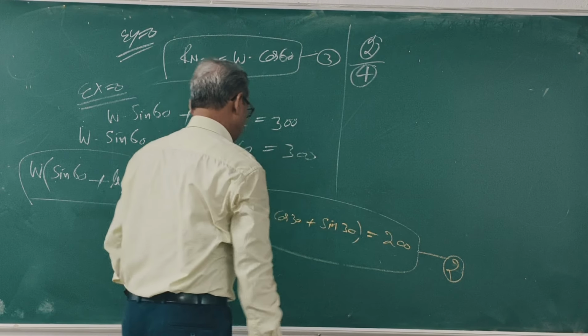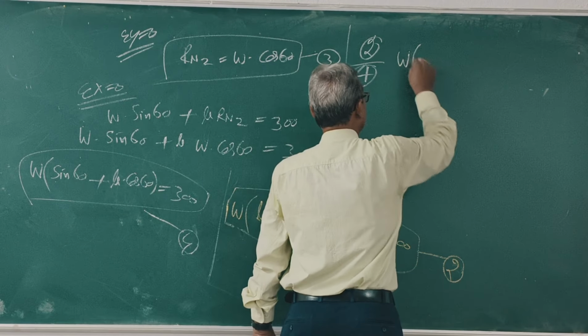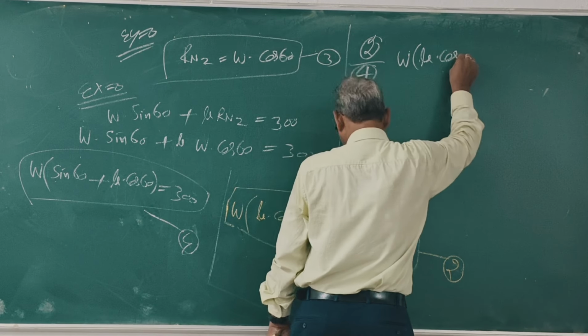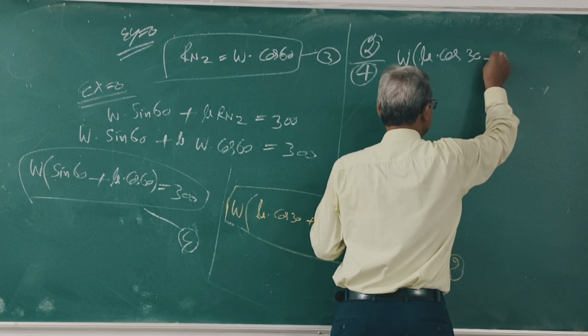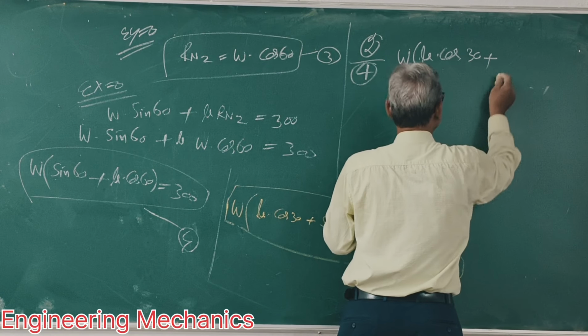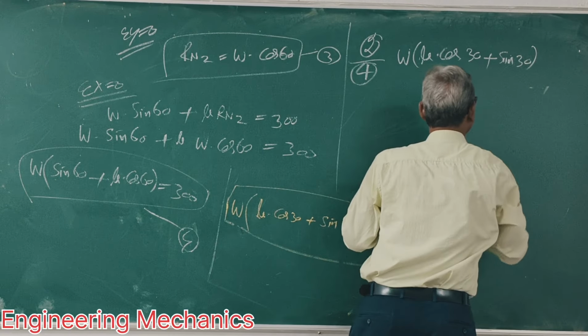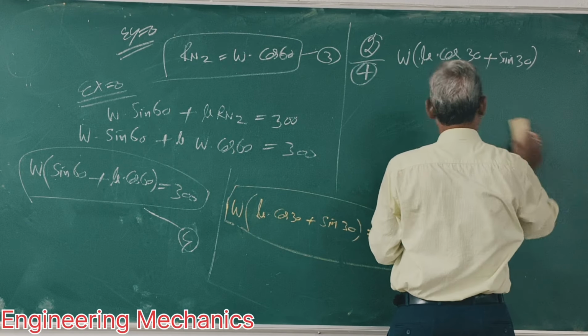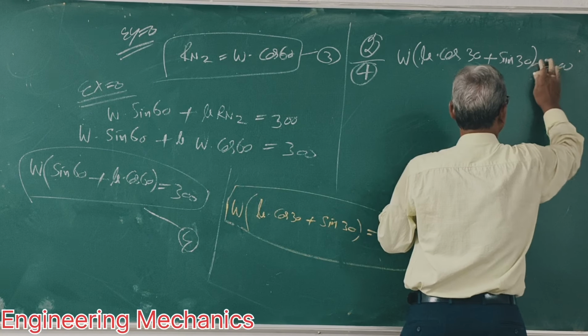What is equation 2? W into mu cos 30 plus sin 30 is equal to 200. Clear?